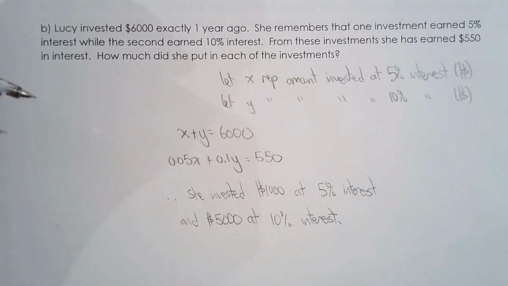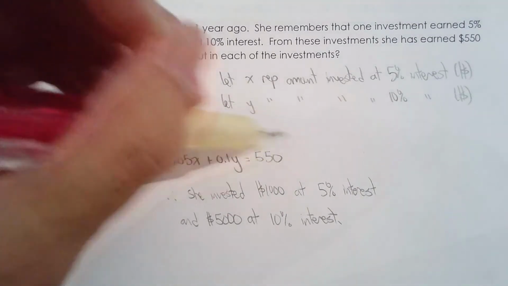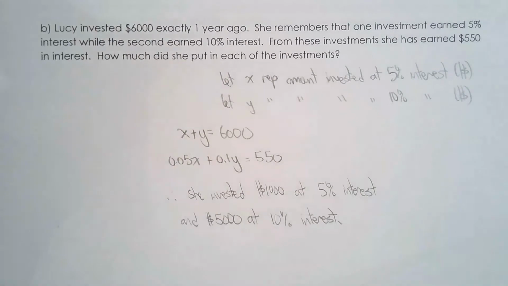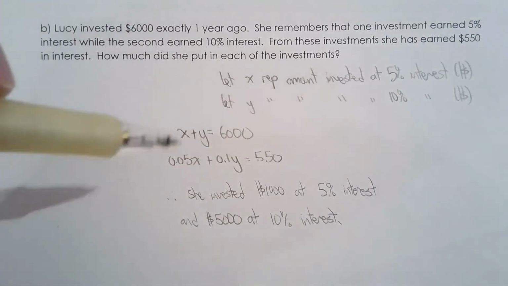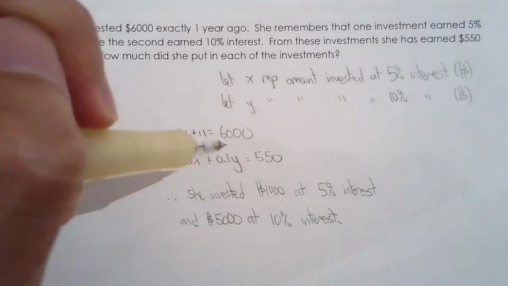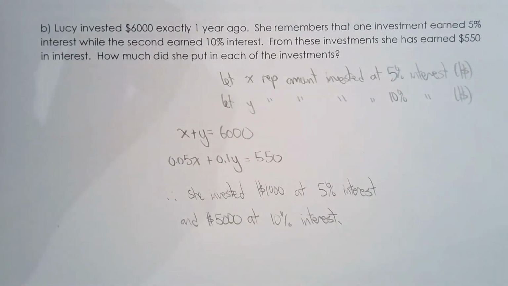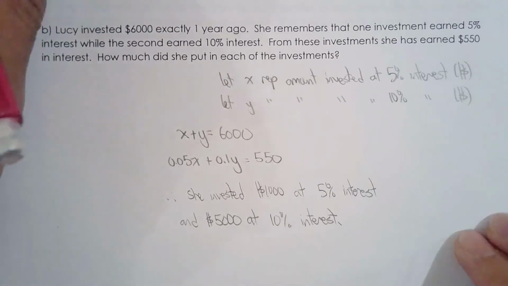She invested more at 10%. That's the only way to get this $550 in combined interest. The only way to do so is if she invested more in the 10% account and less in the 5% account. It cannot be an even split.